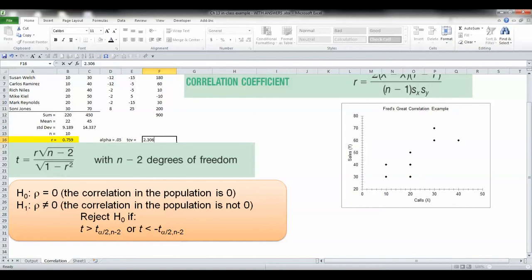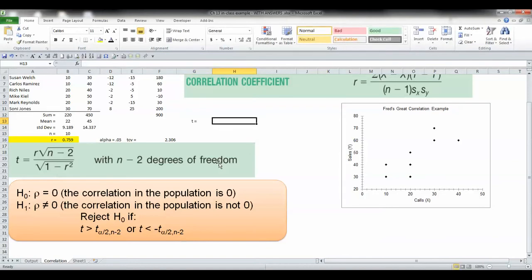So what that means is we're going to reject the null hypothesis if this test statistic that we're going to calculate out is greater than positive 2.306, or if it is less than negative 2.306. So let's go ahead and start calculating out our t test value.